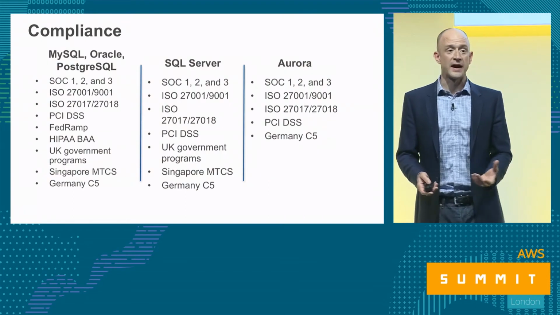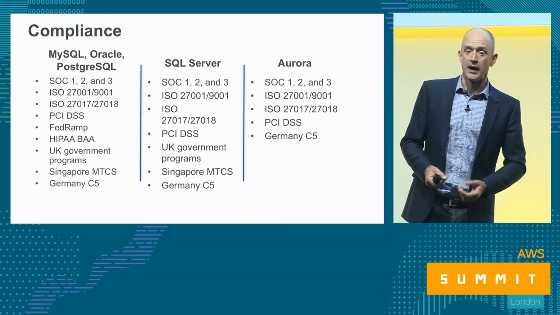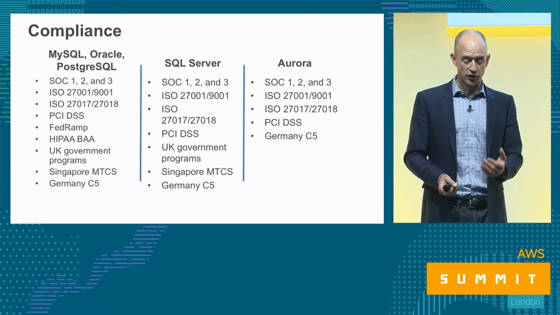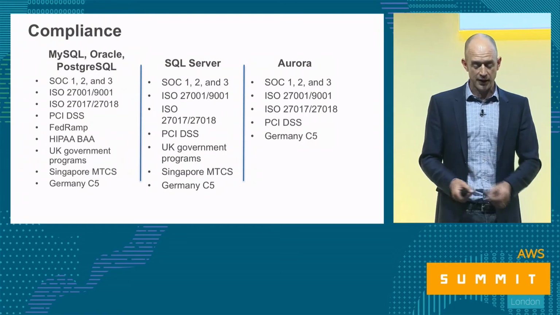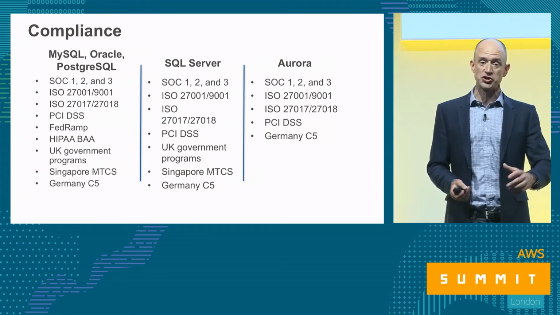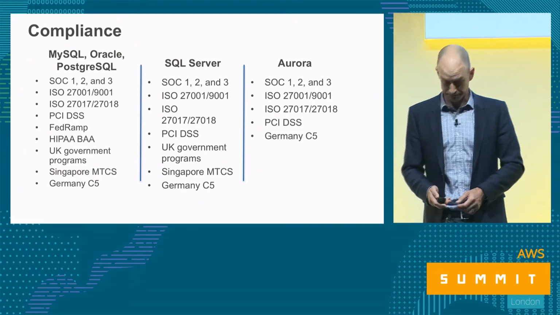If we then break down that compliance matrix by database engine, you can see that we're working with our partners in our compliance teams to ensure that those different engines are compliant. And in many cases, for the certificates that are not shown here for a particular engine, we're in the process of getting those engines certified.